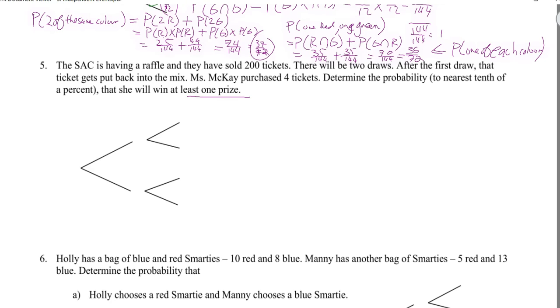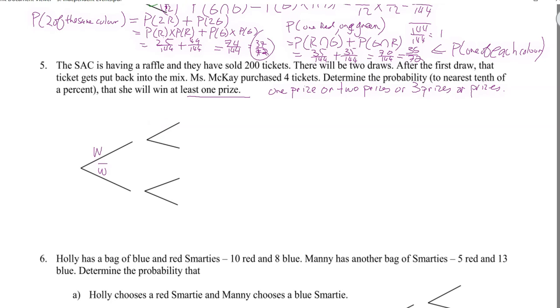So how many prizes? She wins 1 prize, or 2 prizes, or 3 prizes, or 4 prizes. So if we take a look at this, let's call this a win, and this is not a win. This is a win.